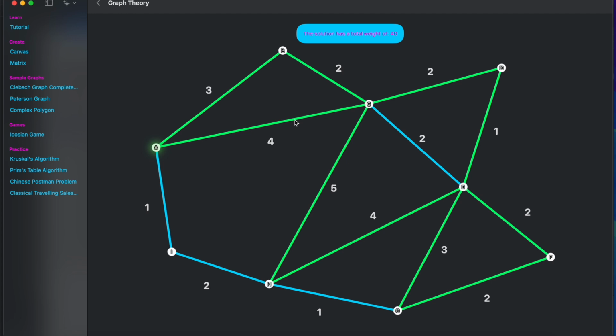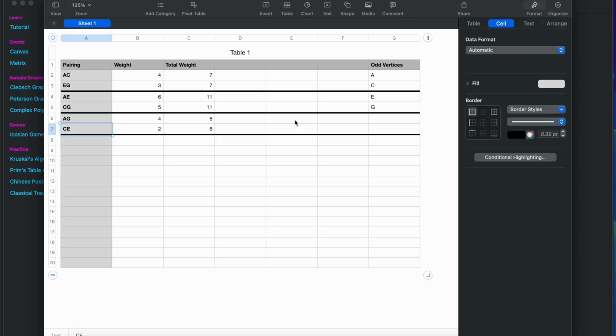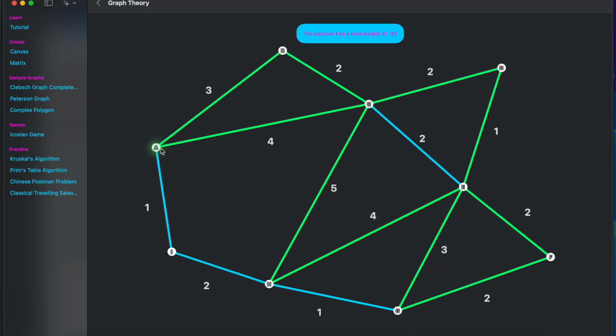So the minimum total weight for the Chinese Postman Problem is a weight of 40. If we look at our pairing of the odd vertices, the shortest path between A and G should be walked twice, and the shortest path between C and E should be walked twice. Here we can see in blue, this represents the shortest path between vertex A and vertex G. Since these edges are in blue, that means that those edges have been traversed twice.